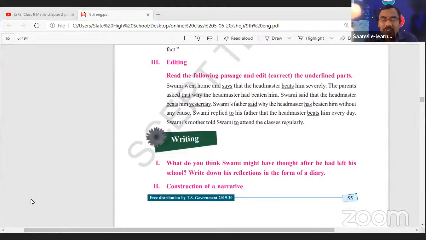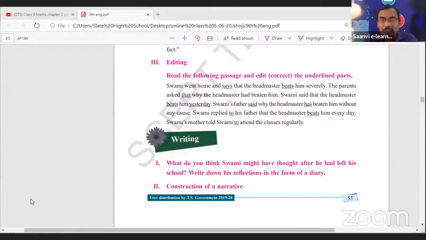Okay, just make a little correction there. Swami said that the headmaster had beaten, had beaten. Beats, you just change it.